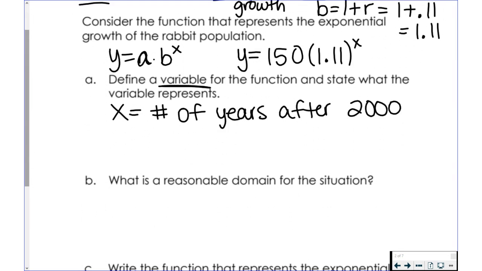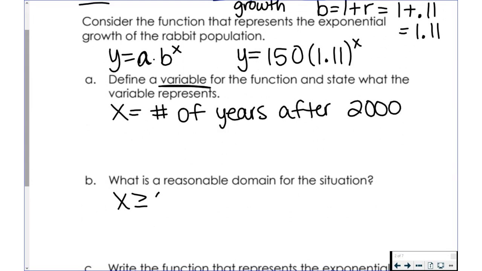So X isn't that big. If you were to use 2000 as an X value, you're telling me that we're measuring the population in the year 4000. So be careful. X is telling you how many times it's increased. And since it's per year, it's how many years that it has increased.